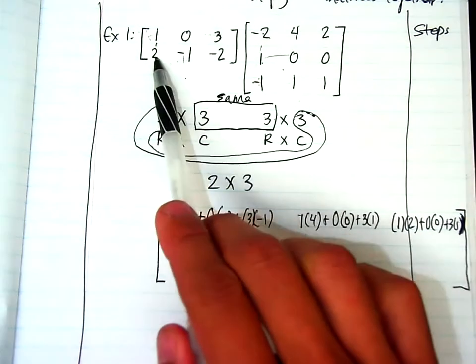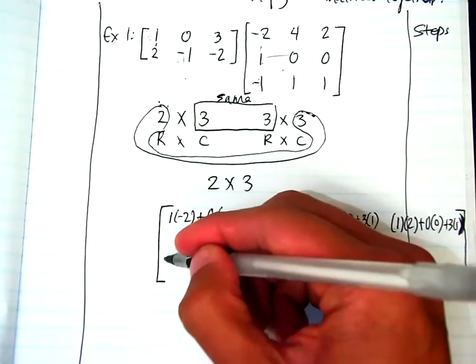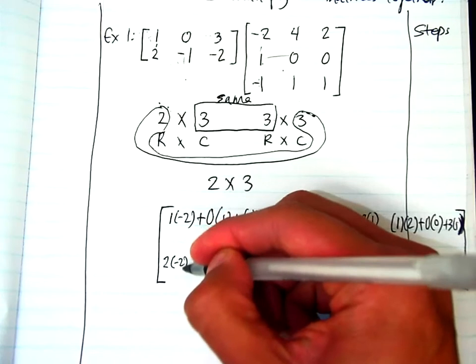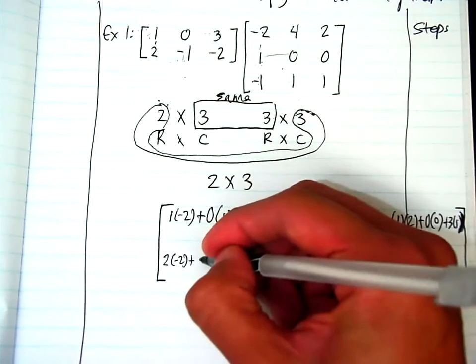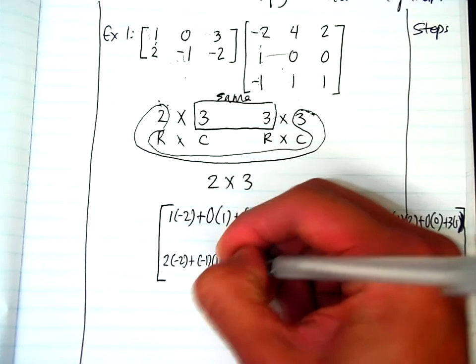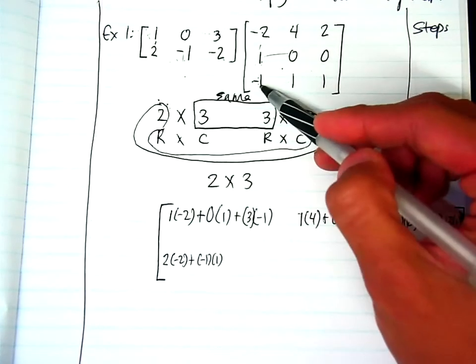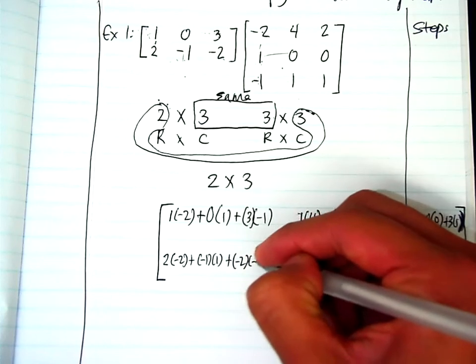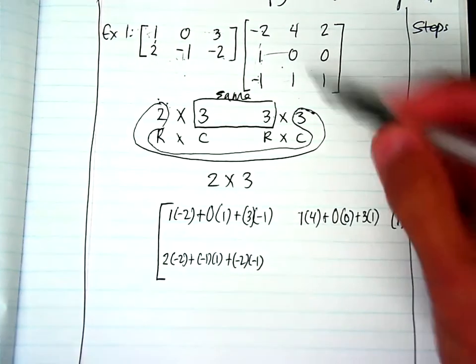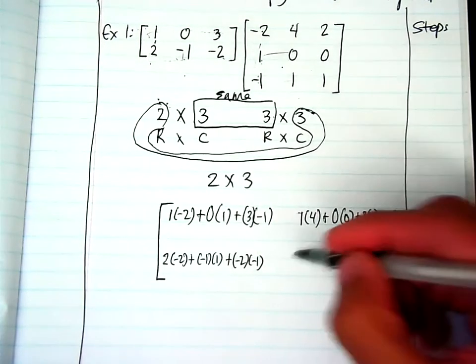Okay, so this row, 2 times negative 2 plus negative 1 times 1 plus negative 2 times negative 1. And the next one, I'm going to multiply this row by this column.